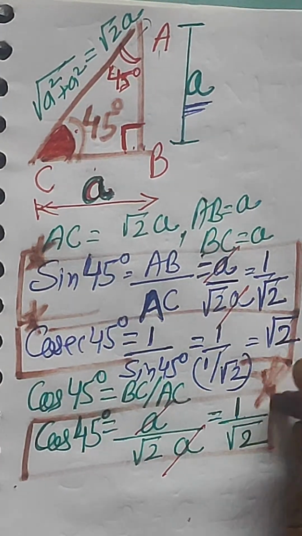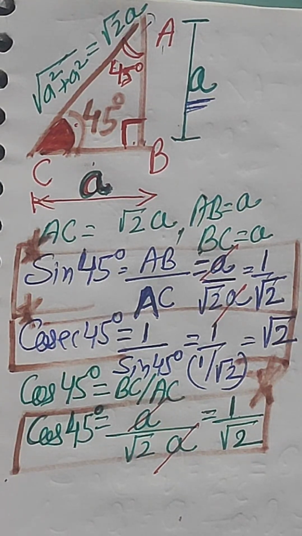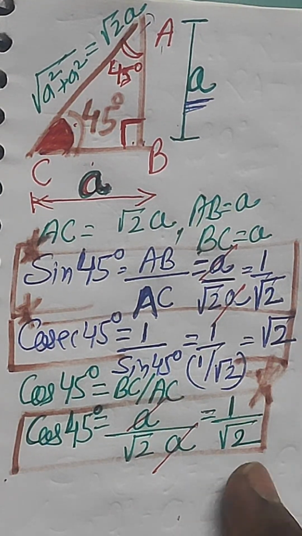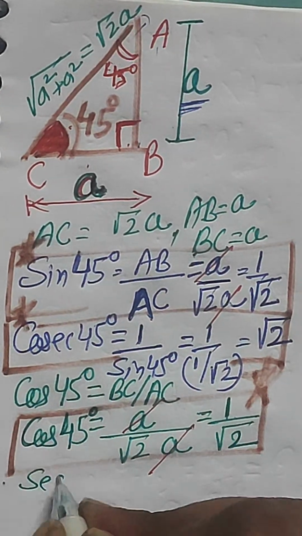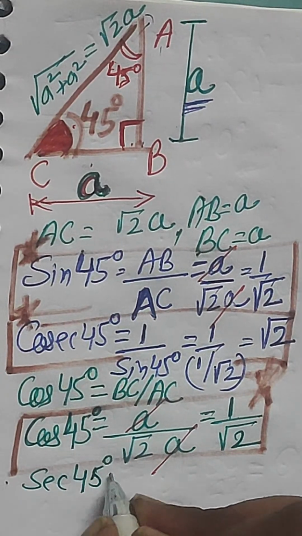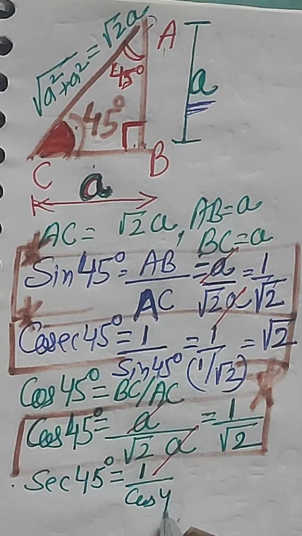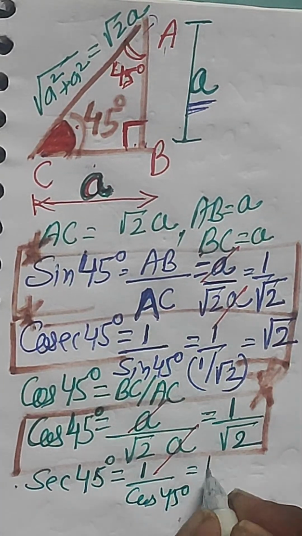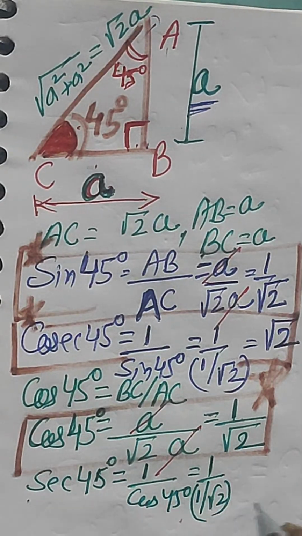My sketch pen is finishing, but don't worry, I think it's visible. Now if we have calculated cos 45, it's very easy to calculate sec 45, because we just want to take the reciprocal of that. Sec 45 is 1 by cos 45 degree, which is 1 divided by 1 by root 2.